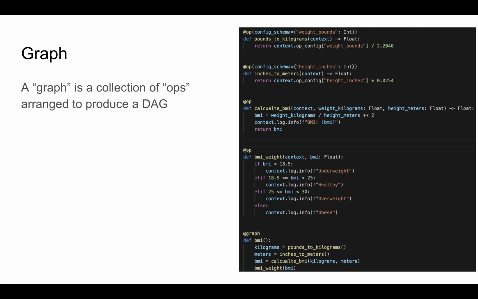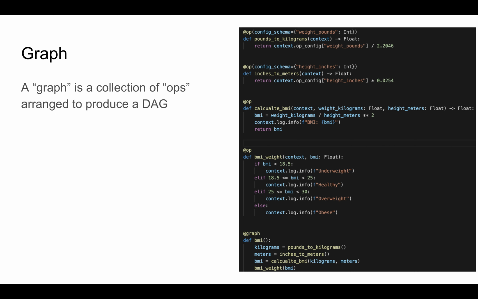A graph is just a collection of ops arranged to produce a DAG. Here you can see that we have a couple more ops. We have one that converts inches to meters. We have an op that calculates BMI, which takes in two inputs, and then a final op that converts BMI into a value for its range.